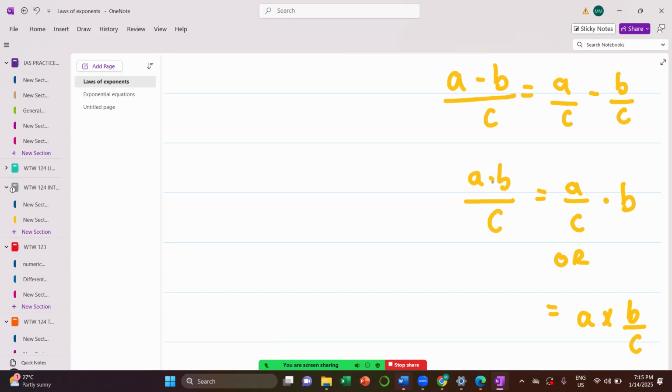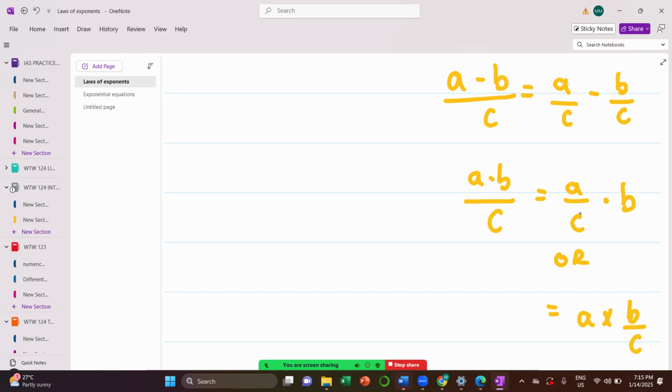So whenever I have multiplication, I don't have to divide both terms by the common denominator. But whenever I have minus or plus, I have to divide both terms by the denominator and keep the sign.